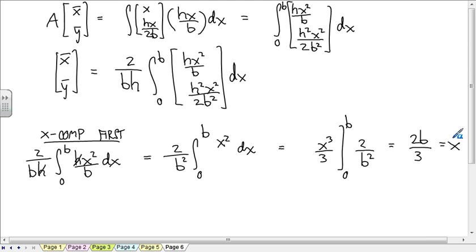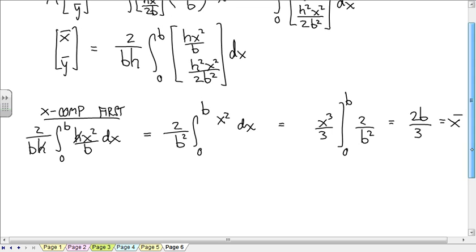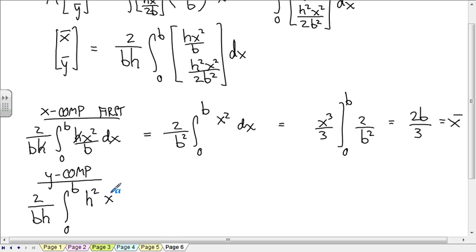So that is the x component of the centroid. And then the y component of the centroid, we have 2 over bh times the integral from 0 to b of h squared x squared over 2b squared dx. One of these h's cancels with this h, and the 2 cancels with this 2. And so we have h, and I guess I'll pull all the constants out.